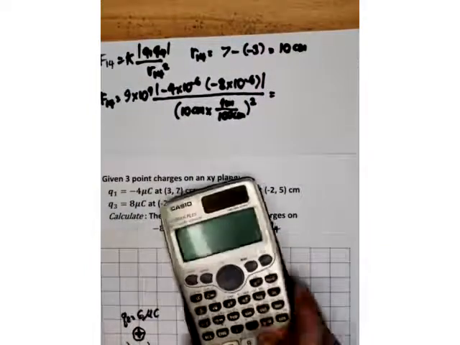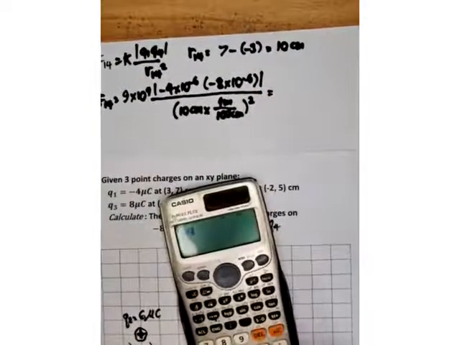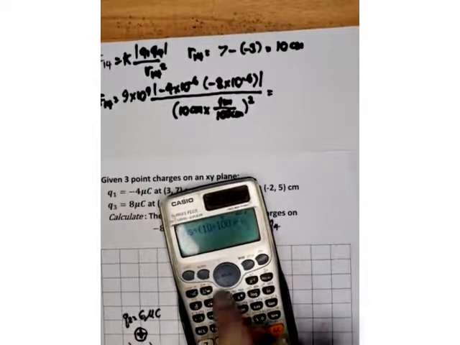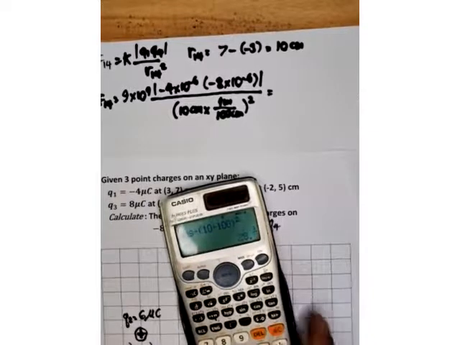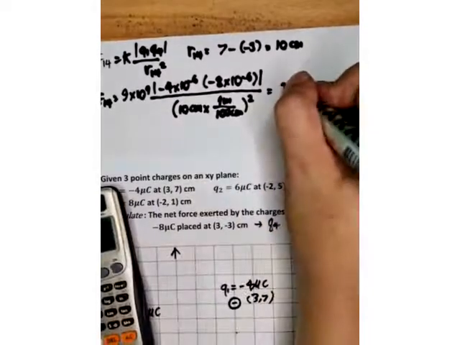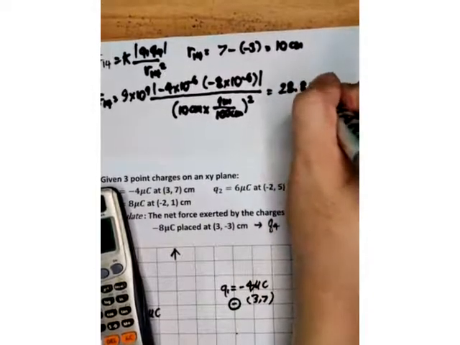So i-calculate lang natin. 9 exponent 9 times 4 exponent negative 6 times 8. Hindi ko na sinasama yung negative dahil naka-absolute value naman. Ayan. So that's 28.8 newtons.